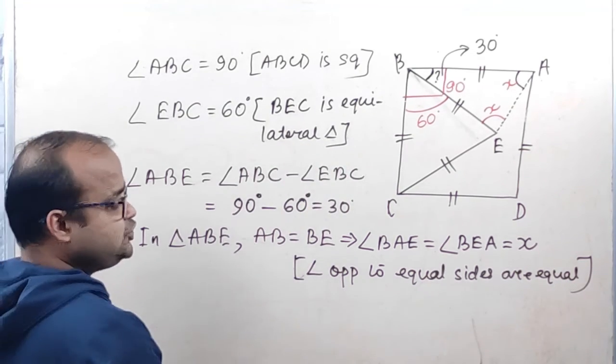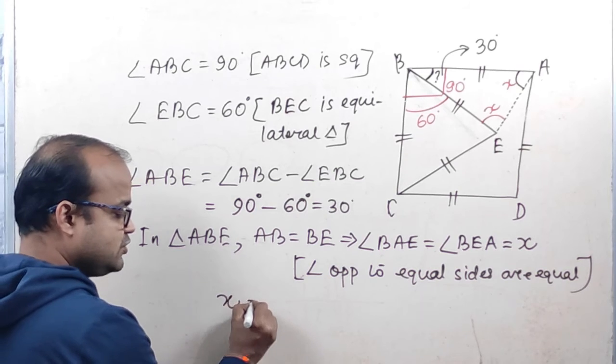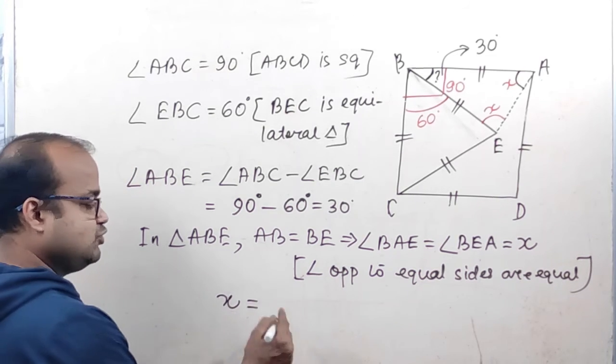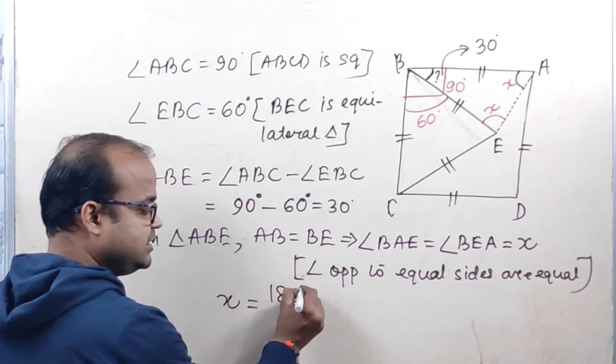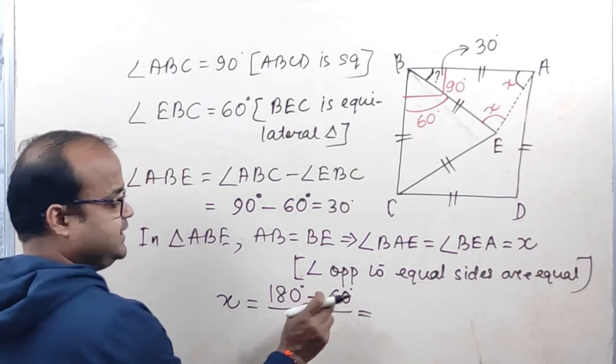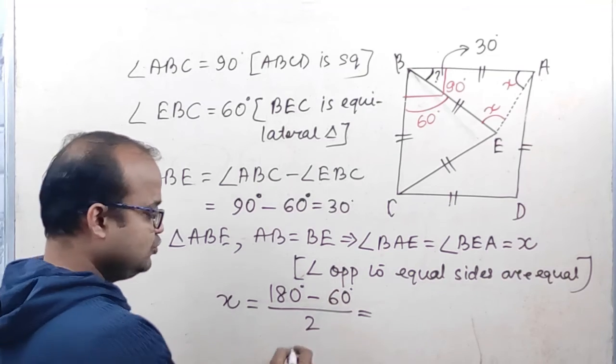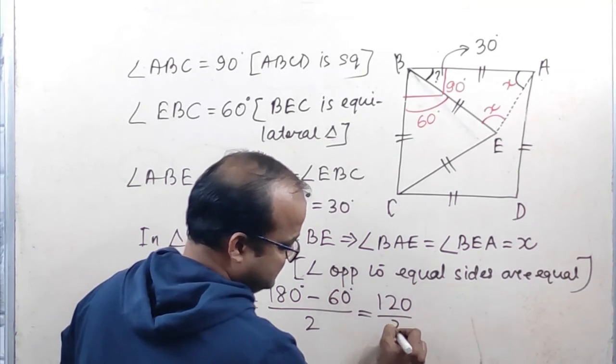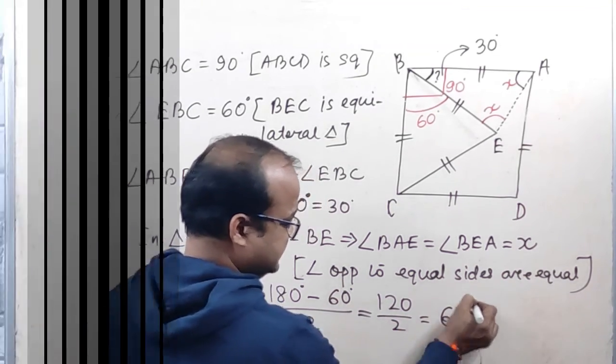So we need to find the base angle. The formula is base angle equals 180 degrees minus the vertical angle, by 2. 180 minus 60, 120 by 2, that is equal to 60 degrees.